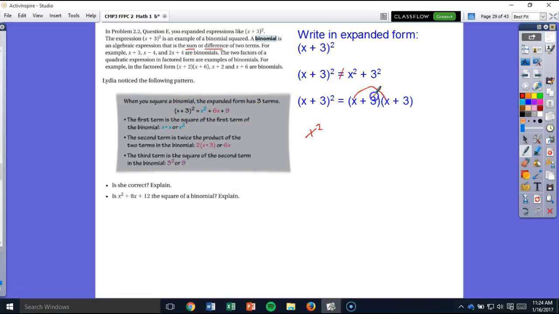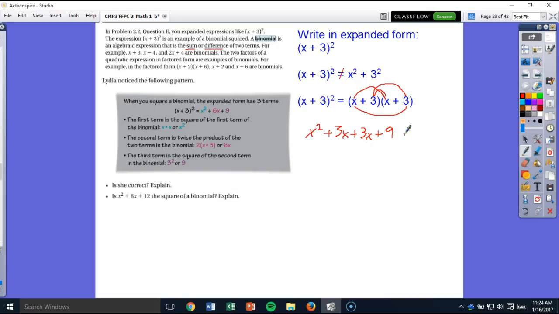Well, if we go inside, we have plus 3x. And if we go outside, we also have plus 3x. Well, 3x plus 3x would be 6x, as she's showing us here. And then the third term is the square of the second term in the binomial, or 3 squared. Well, last for us would be 3 times 3, or 9.